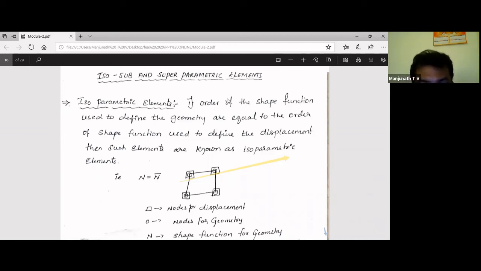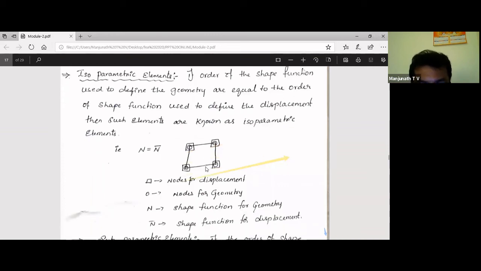If the element is like this, then such a type of element we call an isoparametric element. Just consider the definition of isoparametric elements. If a curved surface is discretized into a number of straight lines, then take a straight line with two nodes, as you can see here.